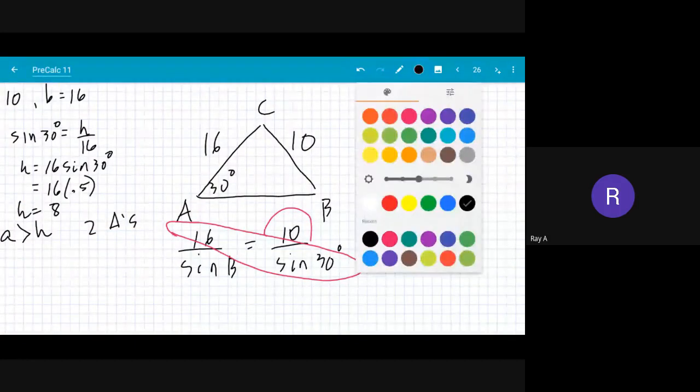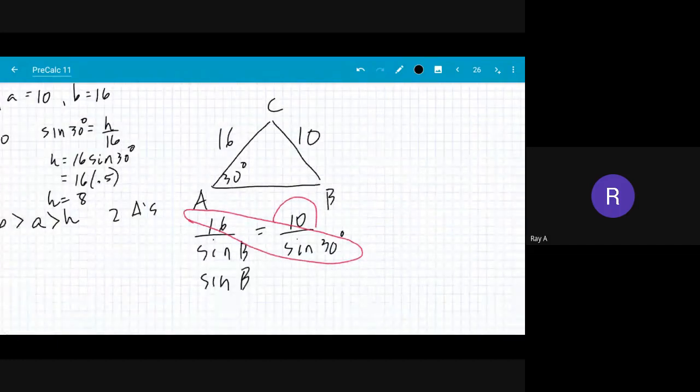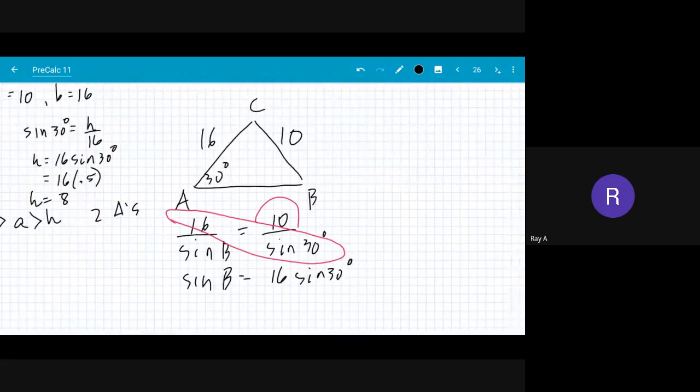Therefore, sine B equals 16 sine 30 over 10, and that would have given you 0.8.